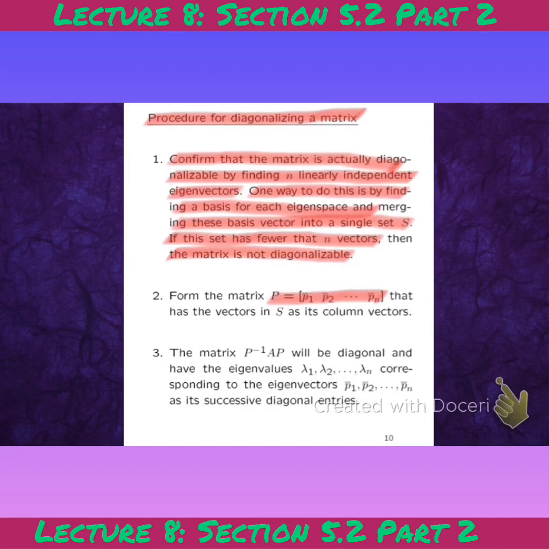Now this matrix P is definitely going to be invertible, and if I multiply A with P on the right hand side and P inverse on the left hand side, that's going to give me a diagonal matrix which is going to have the eigenvalues lambda 1 up until lambda n, and therefore my matrix is going to be diagonalizable. So it's a pretty straightforward procedure, and it relies mainly on the results of theorems 1, 2, 3, and 4.